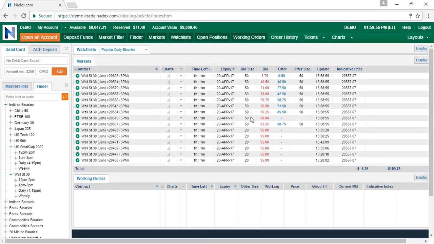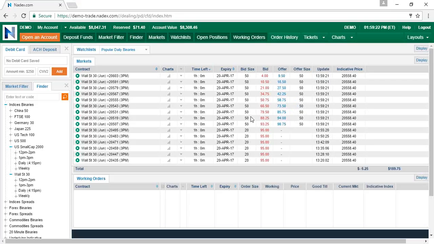All right, and how you can use it to target different expected moves of the market or different levels that you expect the market to go to. Approximately what it will be valued at. All right, and then you can not just look at Nadex binaries as all or nothing, 0 or 100 at expiration. You can look at them as directional type instruments.